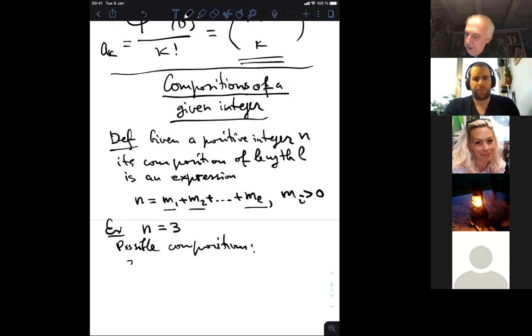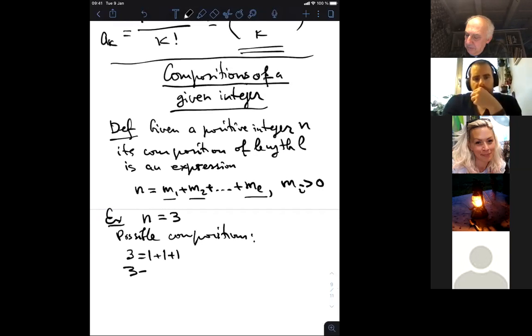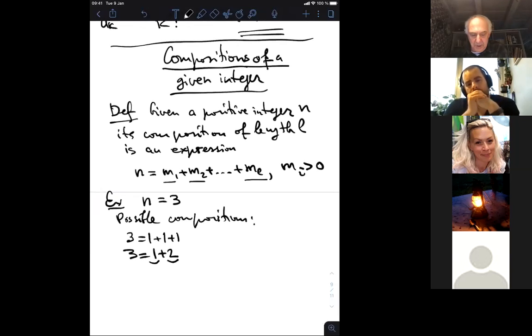Well, we have 3 equals 1 plus 1 plus 1. That's the minimal thing. Then we have 3 equals 1 plus 2, so it's 1 in the first place, 2 in the second place. We're counting order here as well. Now we have 3 equals 2 plus 1. 2 plus 1 is not the same as 1 plus 2 because these are ordered. We have 2 in the first place, 1 in the second.